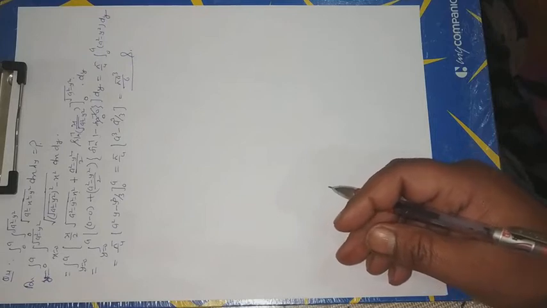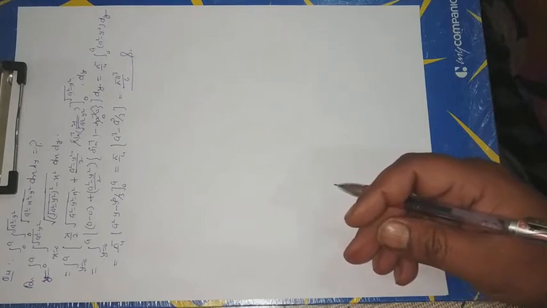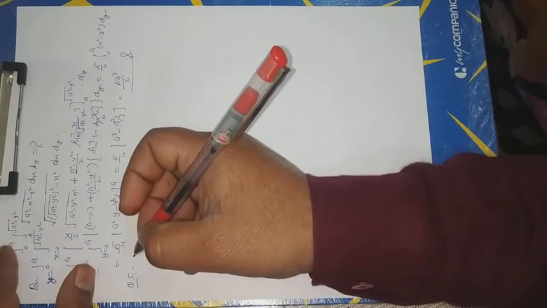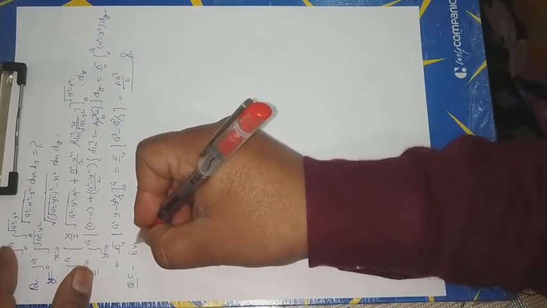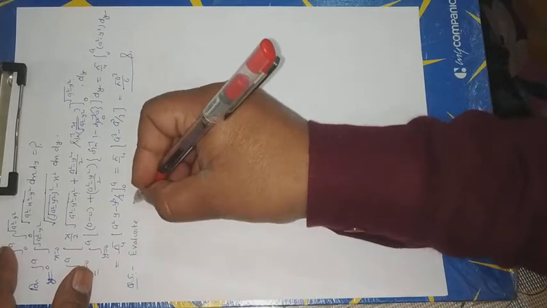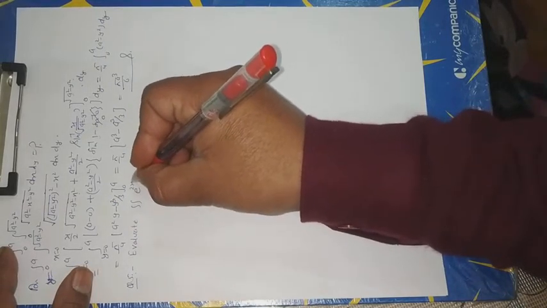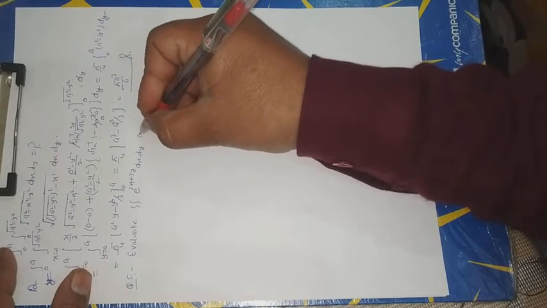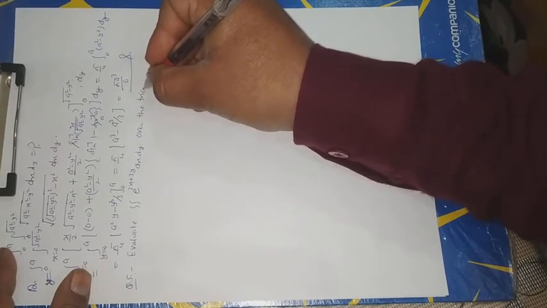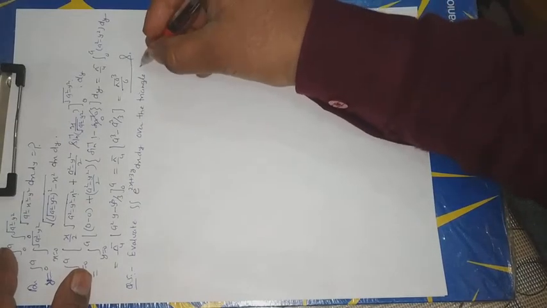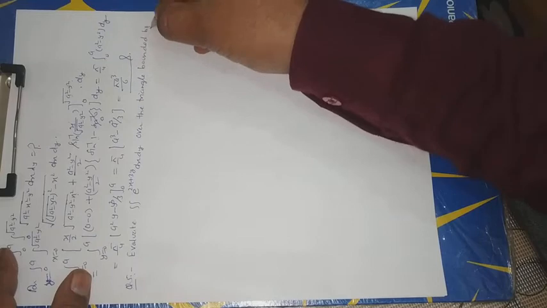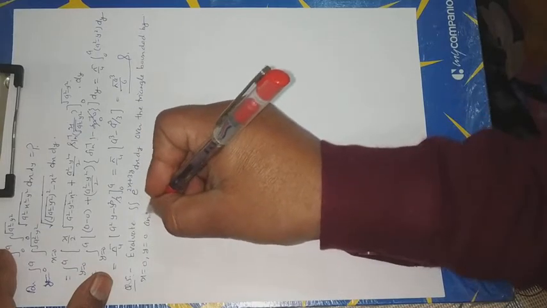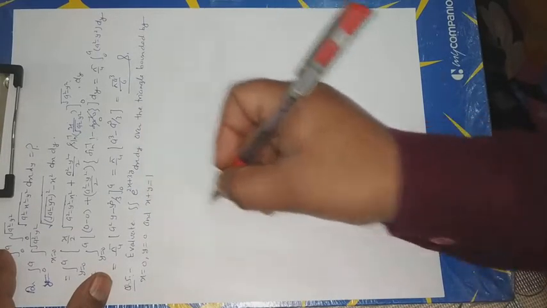Now next question, question number 5. Evaluate the double integration e to the power 2x plus 3y dx dy over the triangle bounded by x equal to 0, y equal to 0 and x plus y equal to 1.